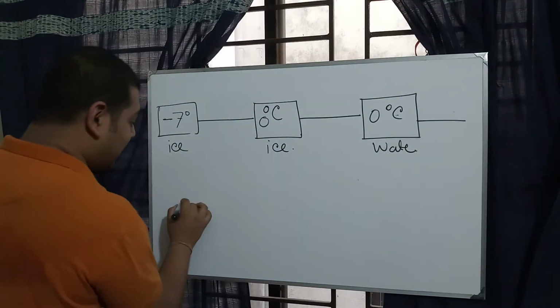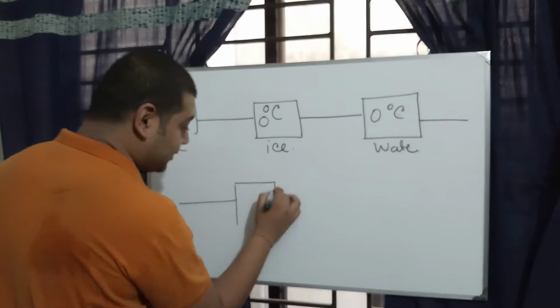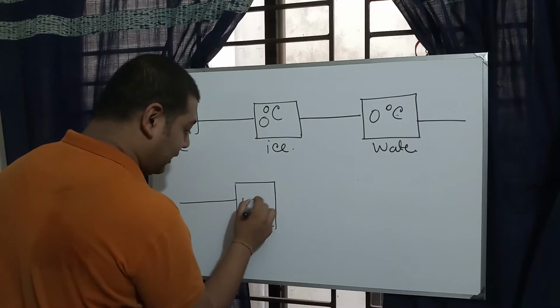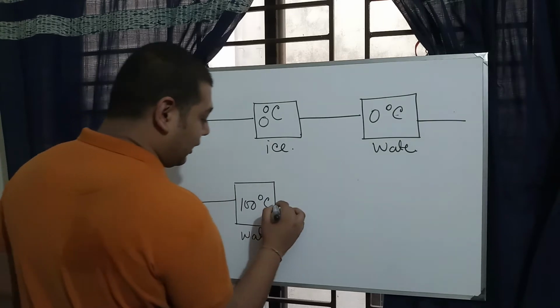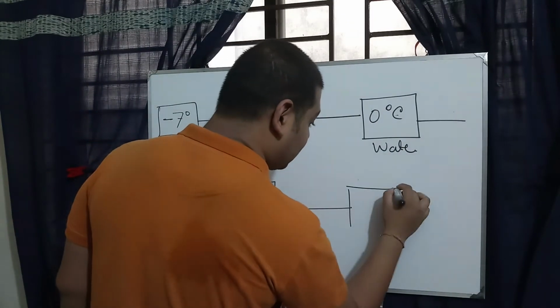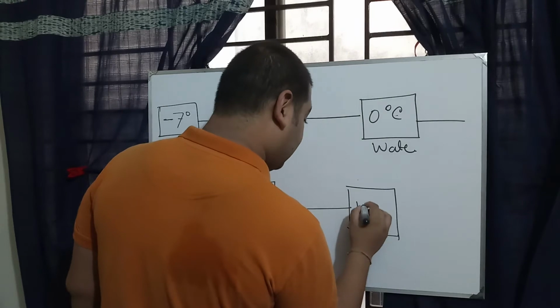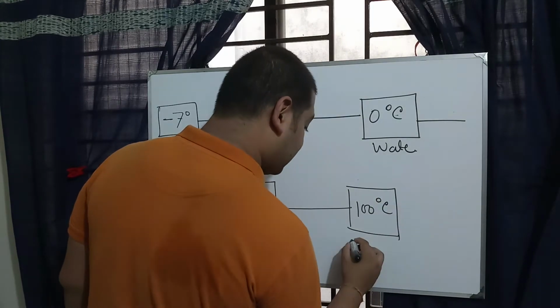Then 0 degrees Celsius water converts into 100 degrees Celsius water, and 100 degrees Celsius water converts into 100 degrees Celsius vapor.